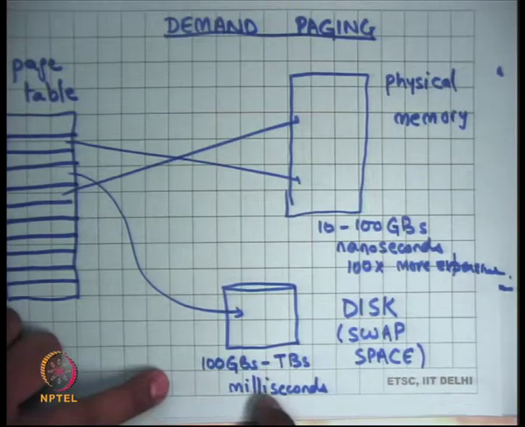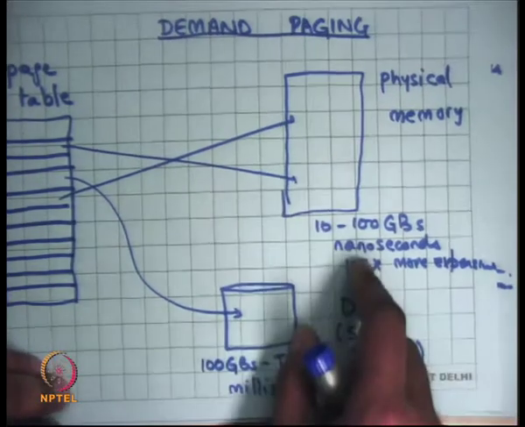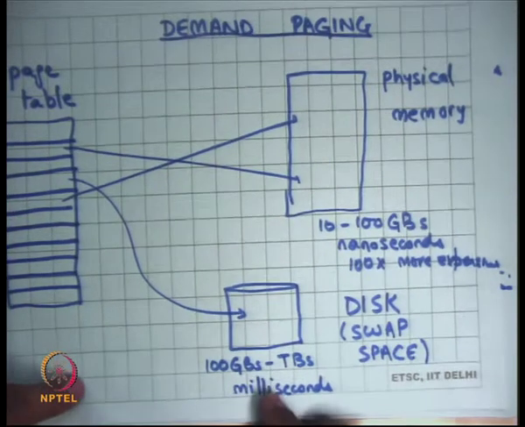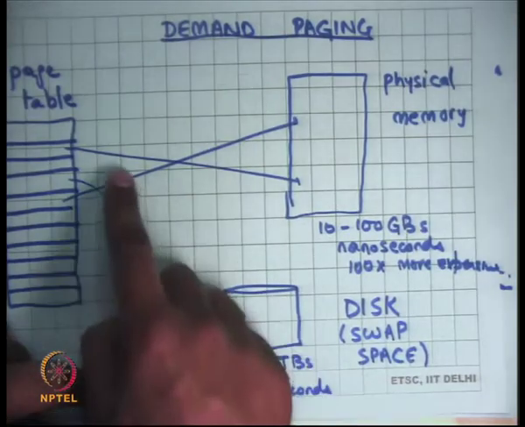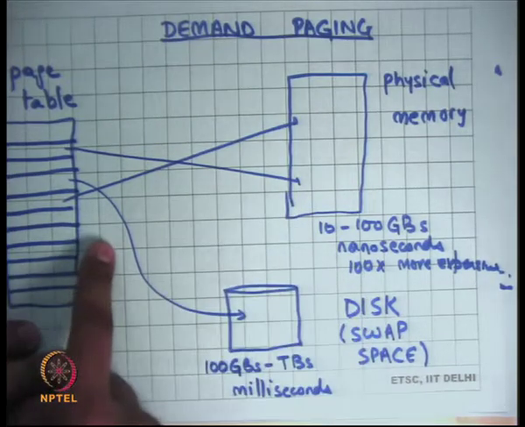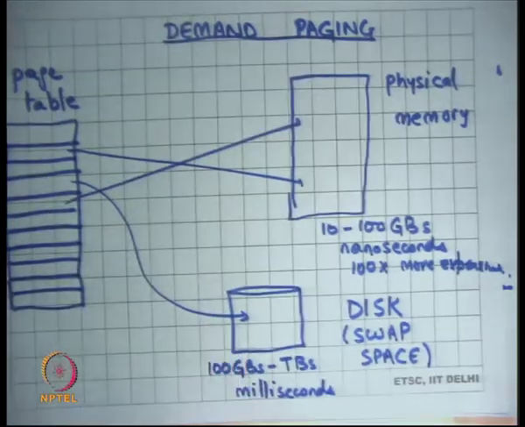The more important trade-off is that disk access takes milliseconds, while memory access takes nanoseconds. So there's a 10 to the power 5 or 10 to the power 6 performance difference between these things. A cache hit is only going to take 10 to 100 nanoseconds, let's say, but a cache miss is going to take milliseconds.